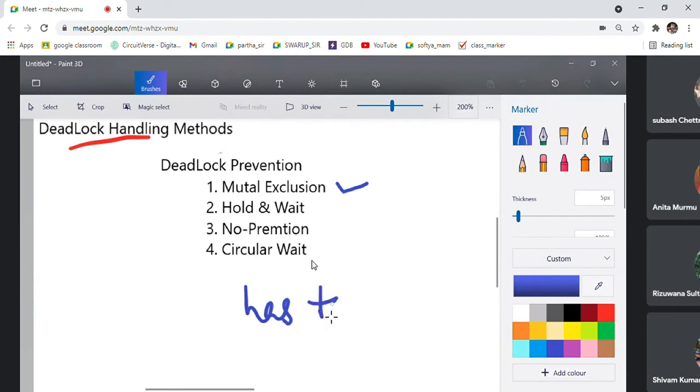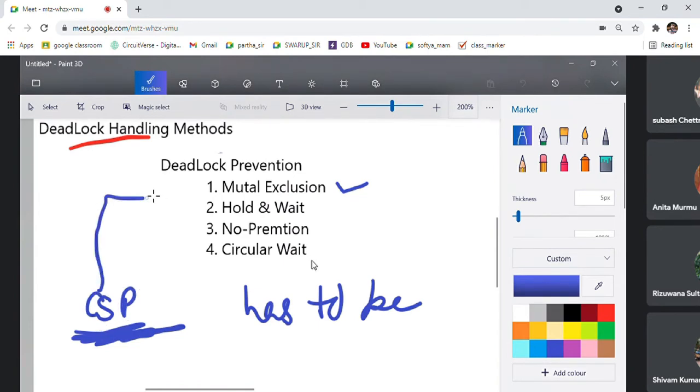A banking system is a critical section problem, and if you remember how we handled the critical section problem, we handled it by making 100% sure that mutual exclusion is there. So to avoid deadlock, if we remove mutual exclusion, then the critical section problem will be at a loss.